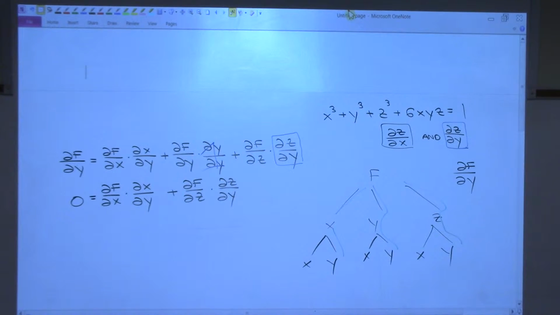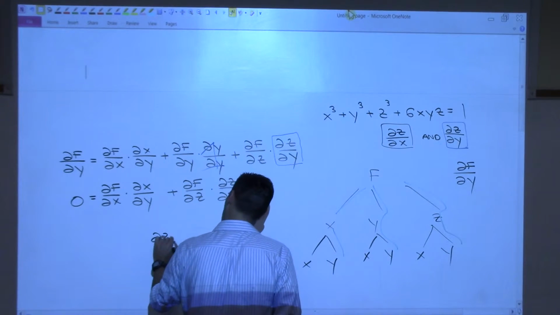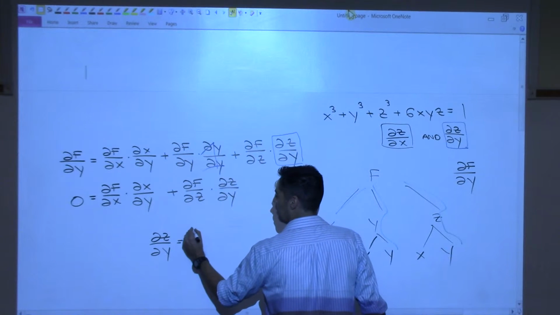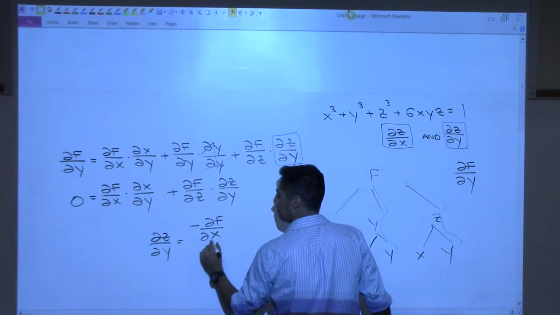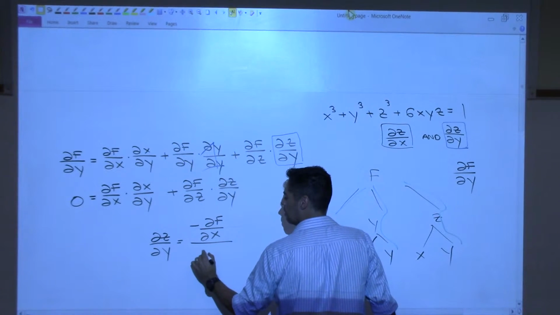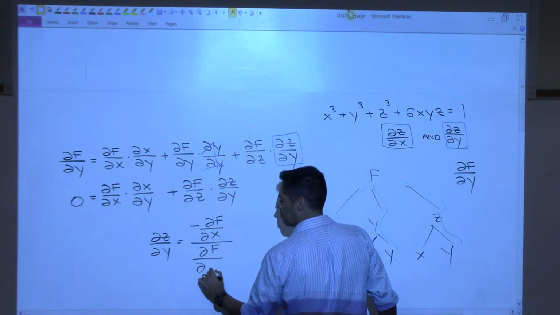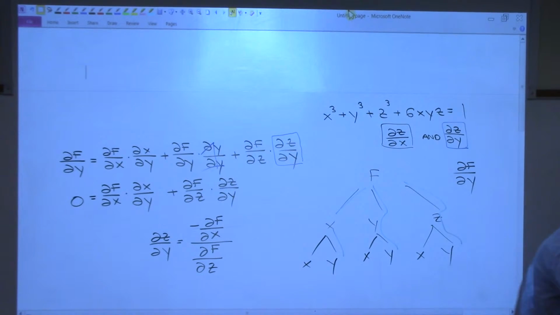Anybody want to go out on a limb and tell me what the formula is for partial z with respect to y? What do you got? Negative partial f over partial x over partial f partial z. Who's in favor of that?